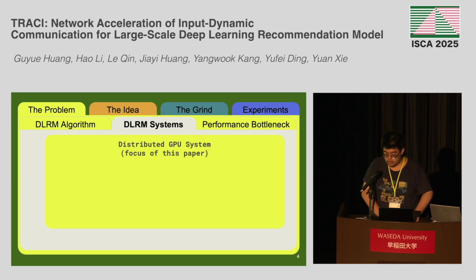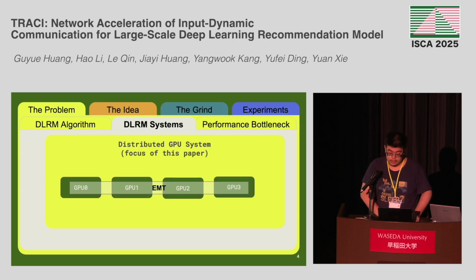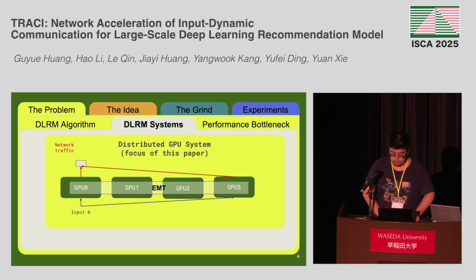This work mainly focuses on the distributed GPU system for DLRM, because GPU systems typically offer high network bandwidth and high memory capacity. So the embedding table is partitioned and scattered across GPUs. For example, input 0 looks up the table in GPU 0 and GPU 3, and this leads to requests and responses, which we note as network traffic.